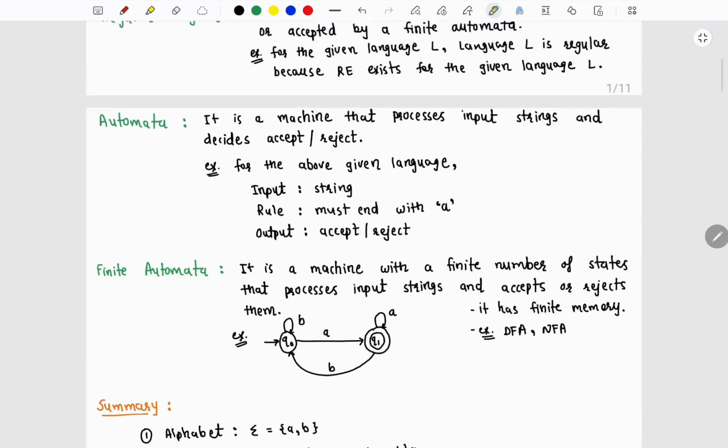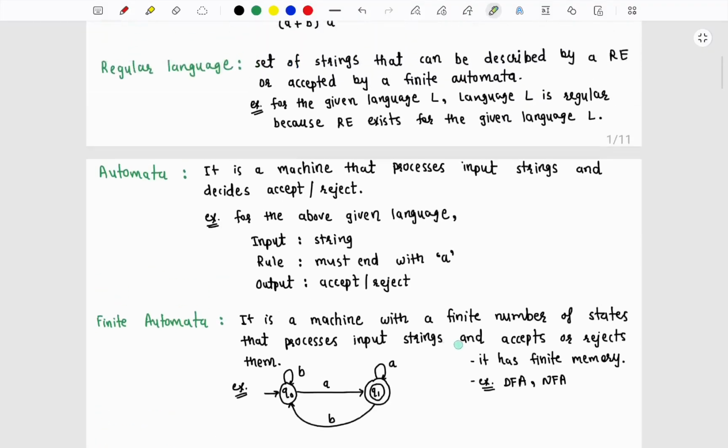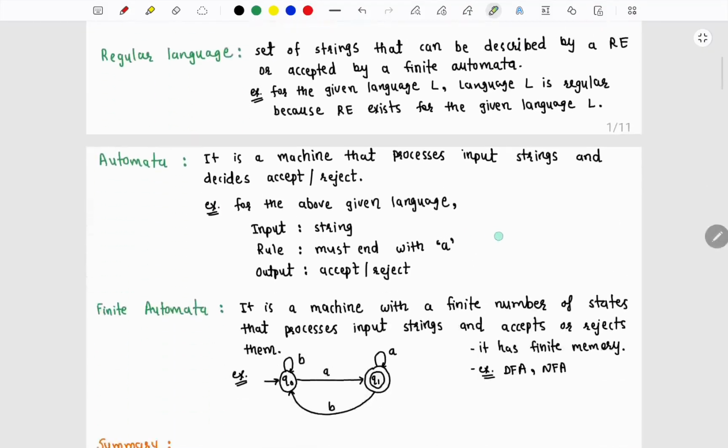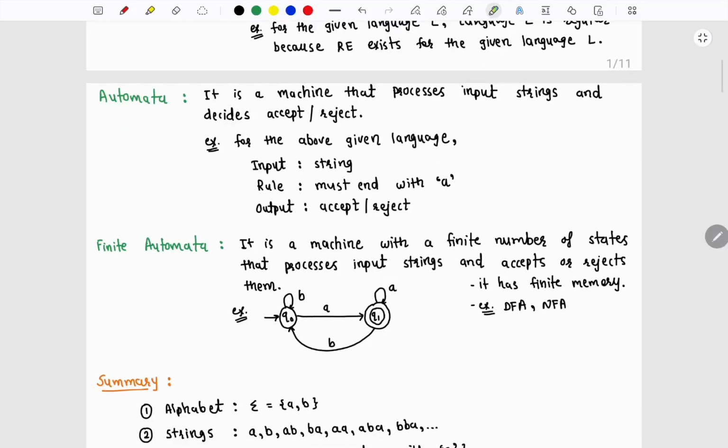For example, in our example, this language is a finite automata. Why? Because there are finite number of states exist for this language. If we draw automata for this our language, then we can draw like this: q0, q1. Q1 is the accepting state.